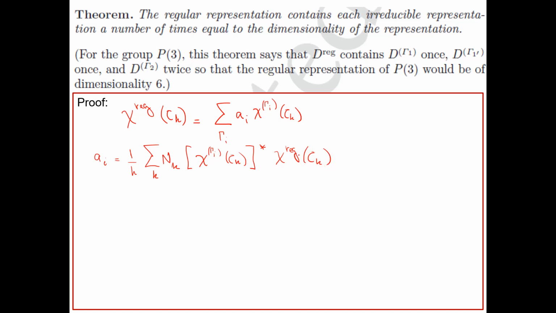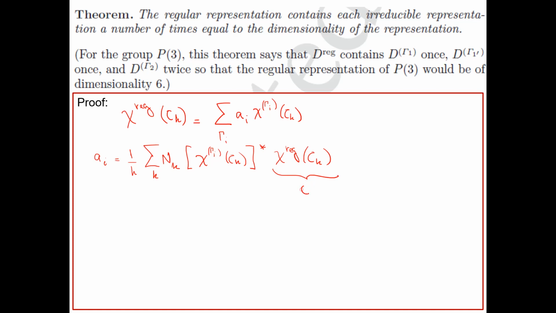Okay? All right. Now we're going to use the result that the character for the regular representation is zero for all group elements except the identity, right? That is in a class by itself.